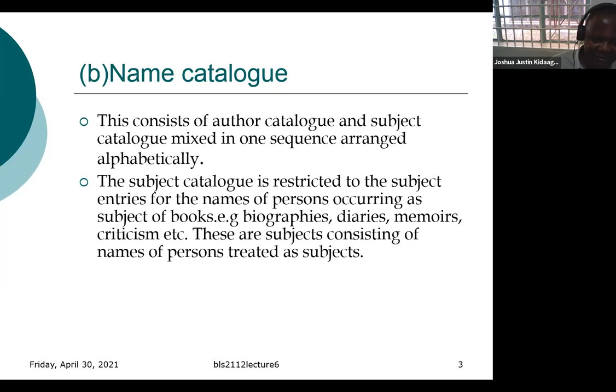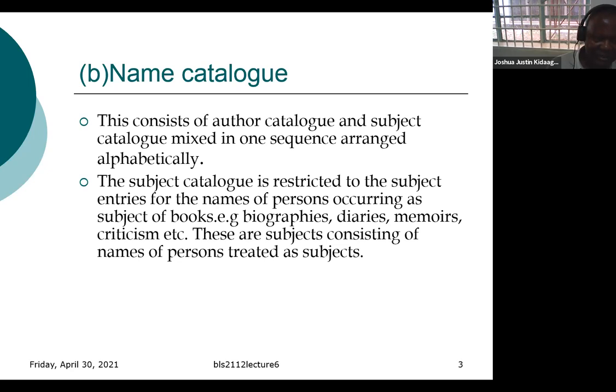For instance, when you talk of Katumba, people will not get you books on Wamala Katumba. Most likely they want books on Katumba, the presidential candidate. So we have names of persons which occur as subjects.